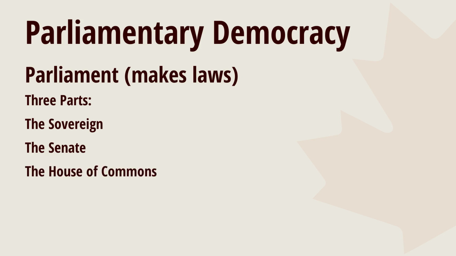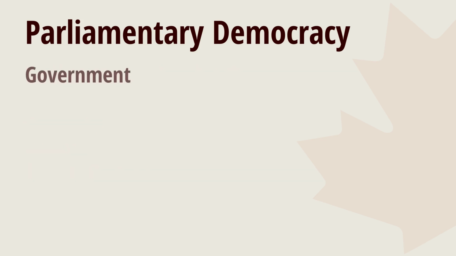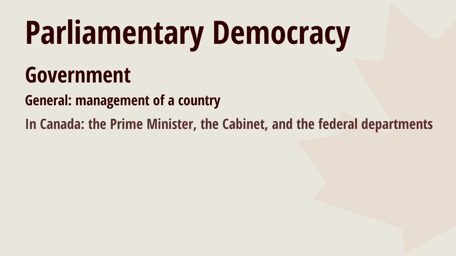So for example, we say Parliament passed a bill. Okay? Now government has two meanings. Generally, government refers to the management or governing of a country. But specifically in Canada, the government consists of the Prime Minister, the Cabinet, and the federal departments they manage.